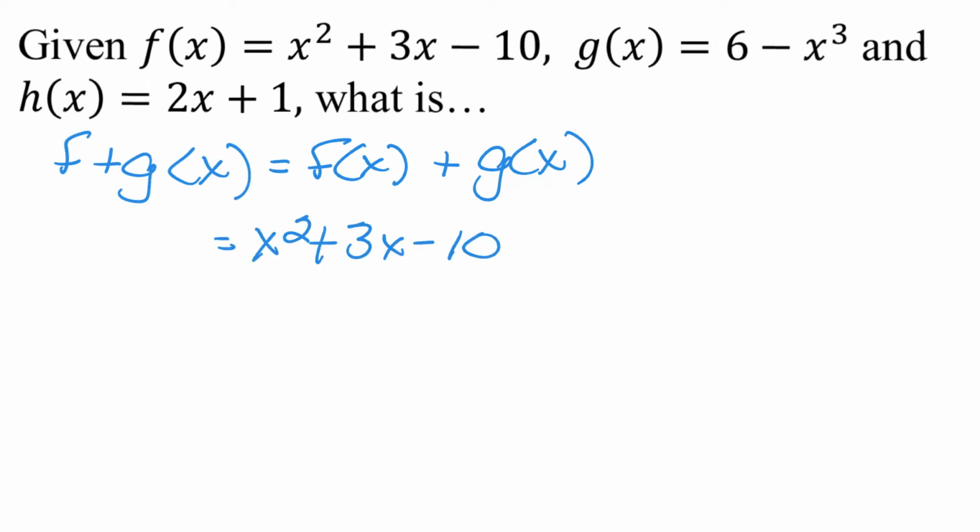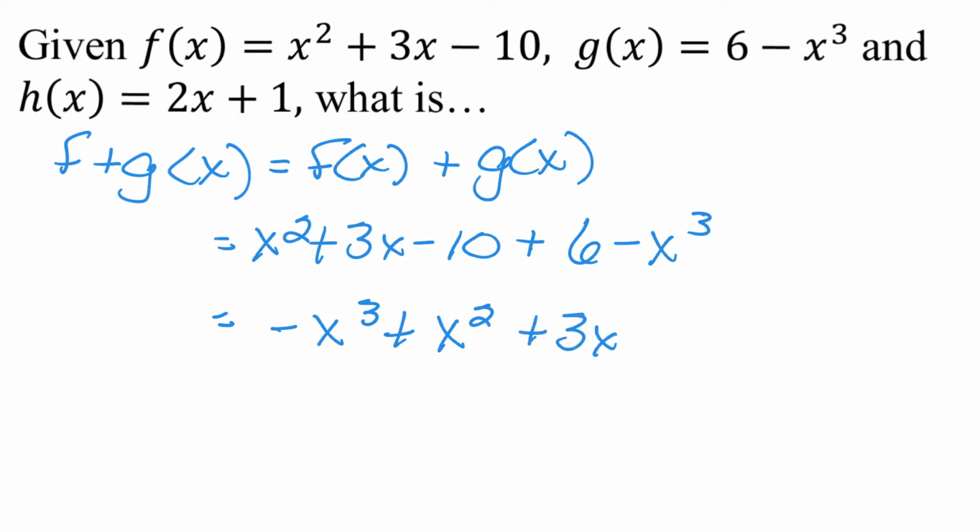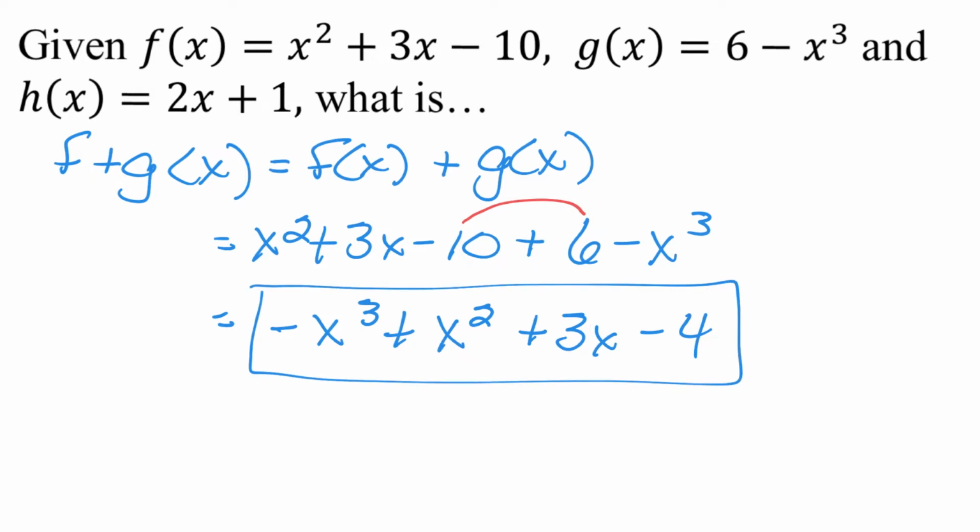And so this is our substitution for f of x and our substitution for g of x. Then we combine like terms and get it in standard form. And so this is our final answer right here for what f plus g of x equals.